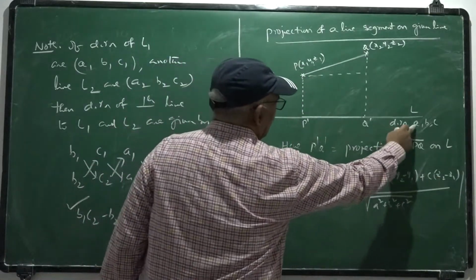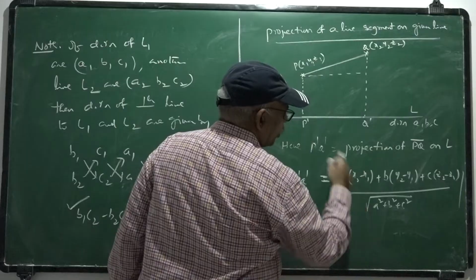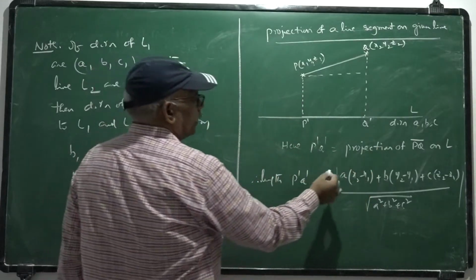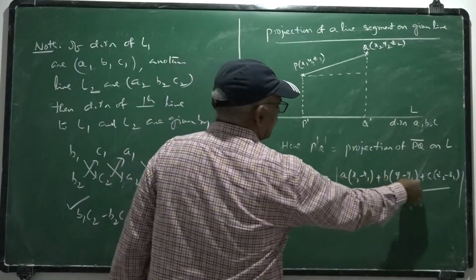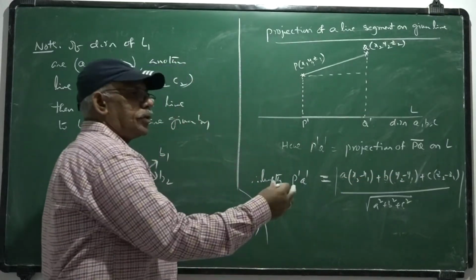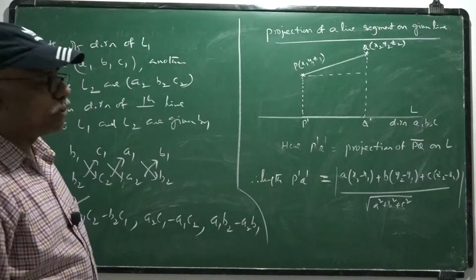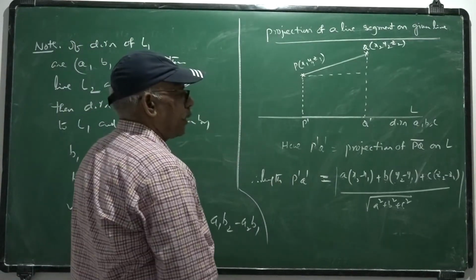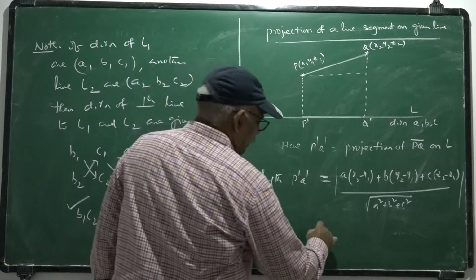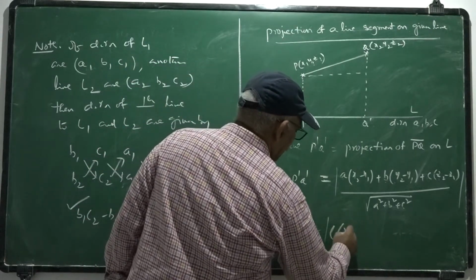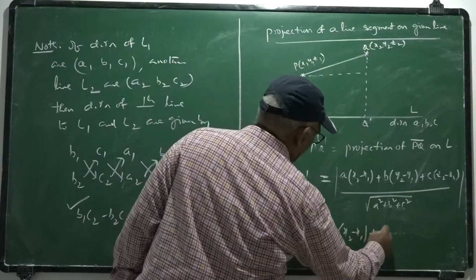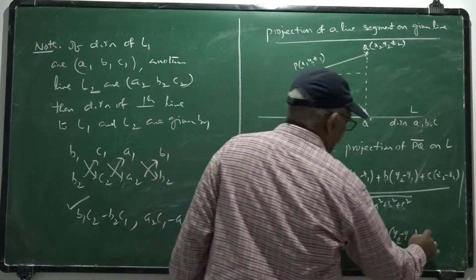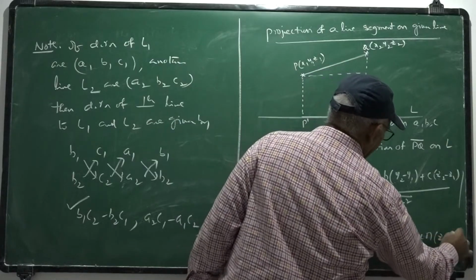That means once L, M, N are the direction cosines of the line on which the projection is needed, then L into x2 minus x1 plus M into y2 minus y1 plus N into z2 minus z1 gives us the length of the projection of PQ on L. That is, modulus of L into x2 minus x1 plus M into y2 minus y1 plus N into z2 minus z1 itself.